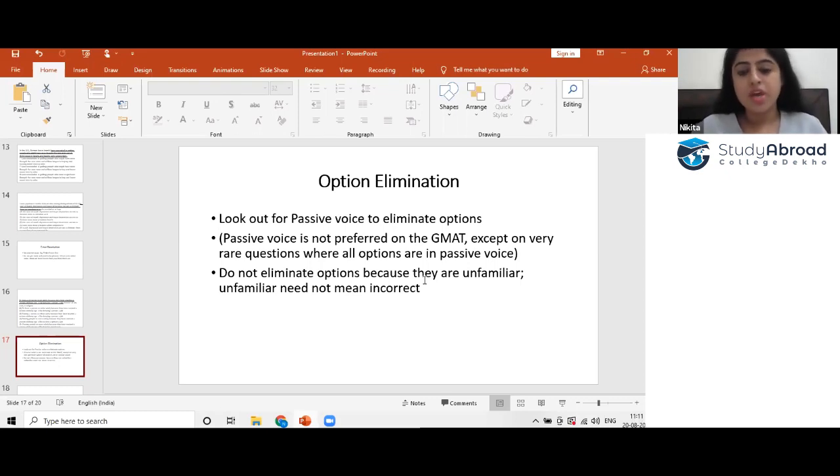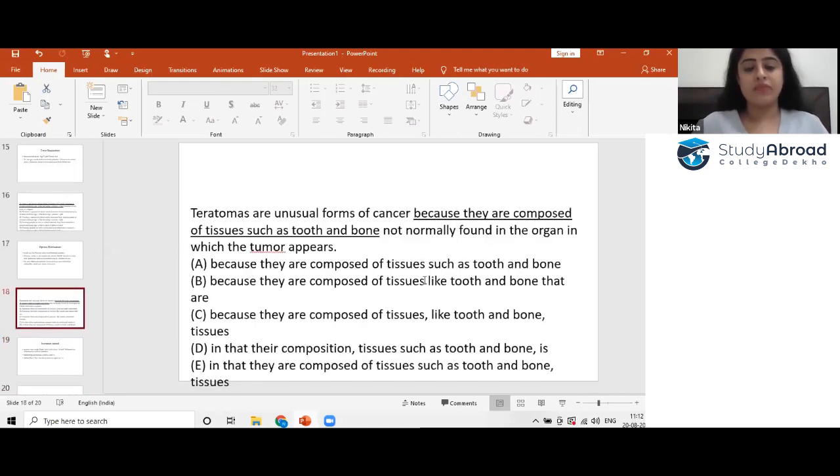So it happens at times that because an option seems like no, we don't say it like this, or it is not sounding correct, we eliminate that one. But students, you need to take care of this: even if the option seems unfamiliar, it doesn't mean that it is grammatically wrong. Here we are looking at whether it has to be correct grammatically and logically as well. So let's have a look at this question.